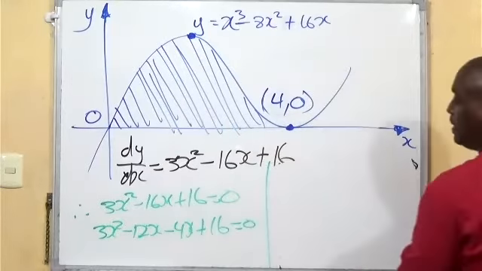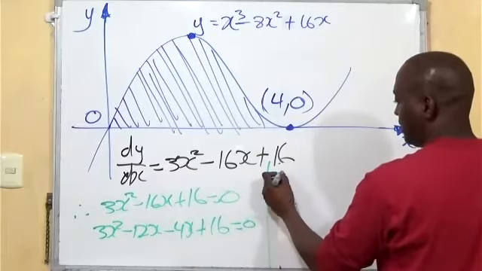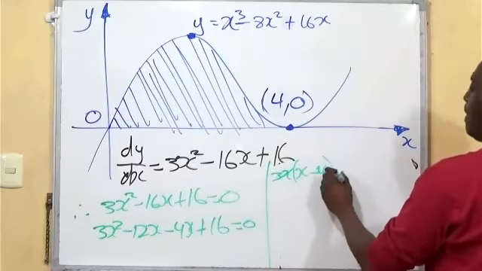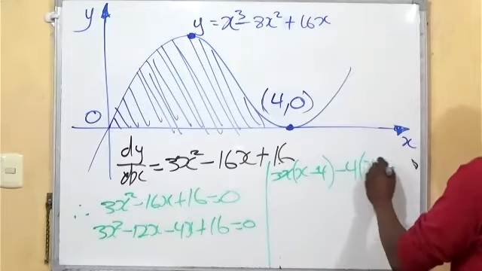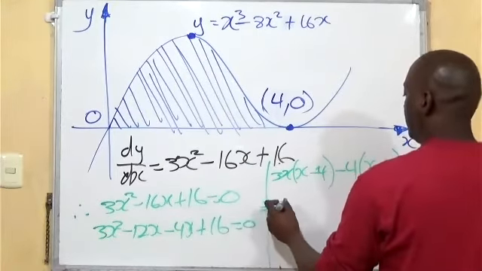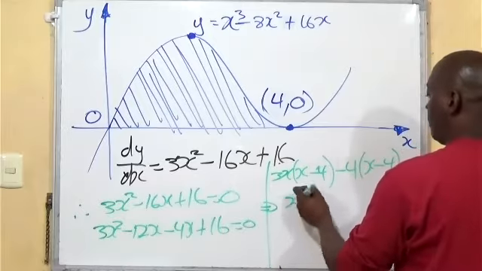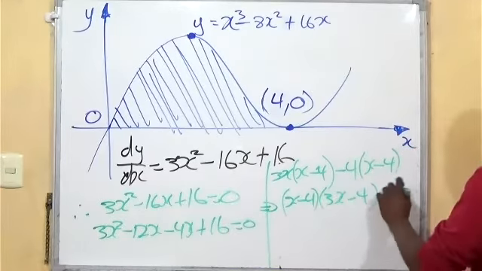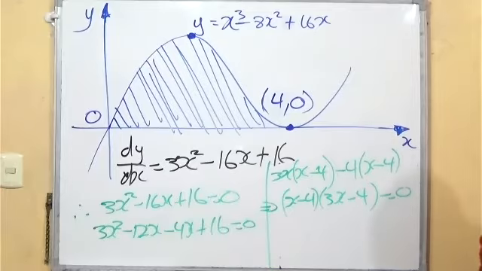Which is to say that when you factorize, you get 3x into x minus 4, minus 4 into x minus 4, which is to say that x minus 4 into 3x minus 4 is equal to 0.